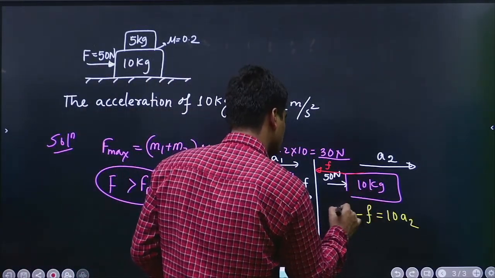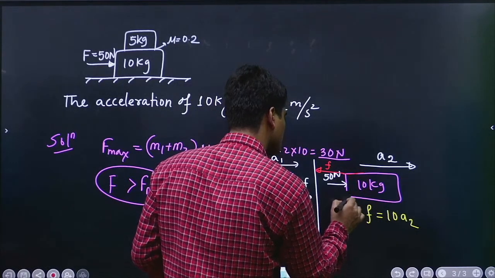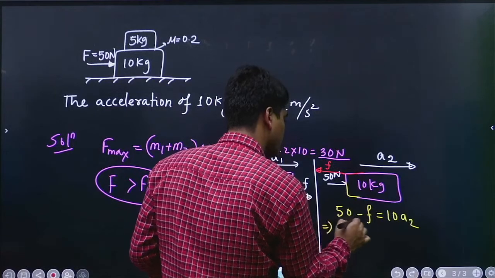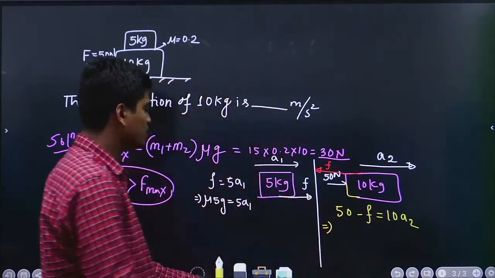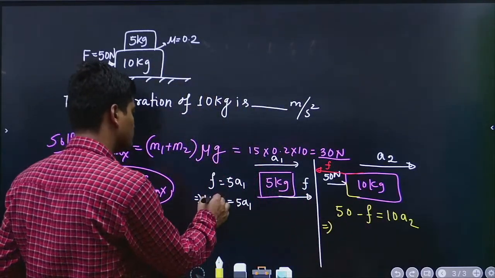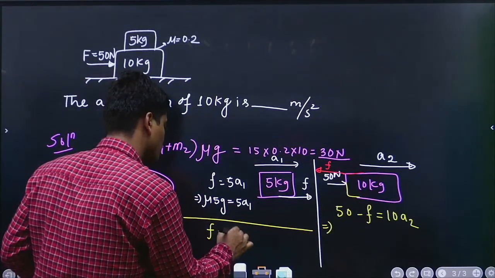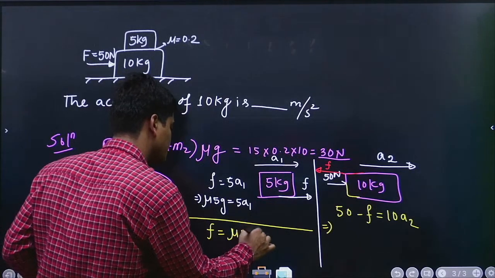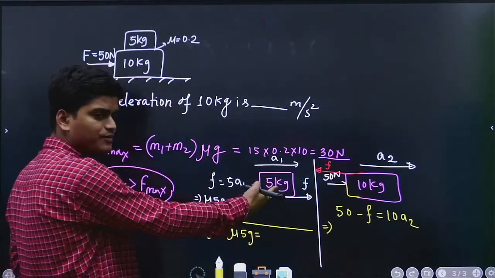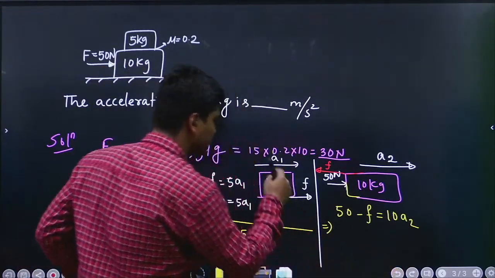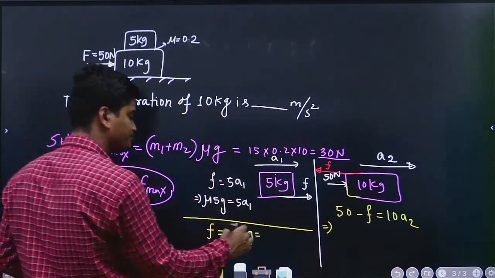Now you want to find A2. What is the F value? F is mu into 5 into g, because for the 5 kg only you calculate F, as the normal reaction N is in this direction and mg is downward, so F equals 5 mg.